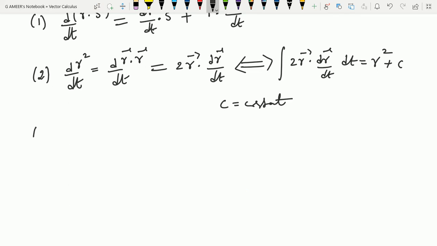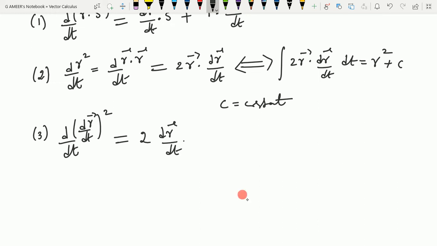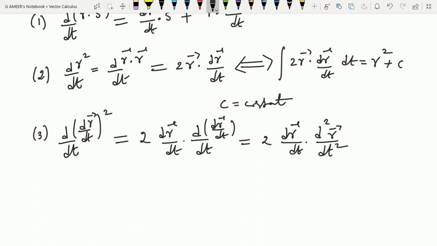The third result as follows. So differentiation of d by dt of r vector whole square, something like d by dt of x square, what do we do, we get 2x into dx by dt, right, 2 into dr by dt, then again differentiation d by dt of dr by dt, then this will become 2 into dr by dt dot d square r by dt square.